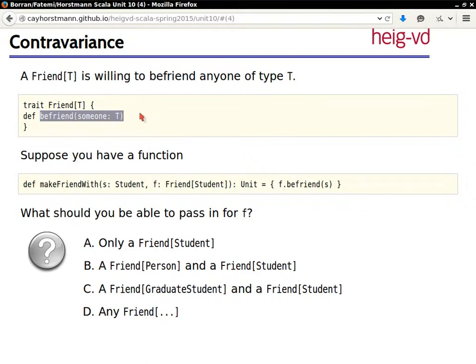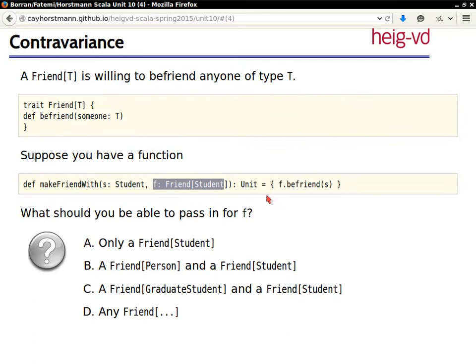So when you have a friend of cats, that person would be willing to befriend someone who's a cat. If someone is a friend of students, then that person only wants to be friends with other students, but a friend of person would be willing to be friends with any person. So now I have a function here that I call make friends with. It takes a student, and it takes someone who is a friend of students.